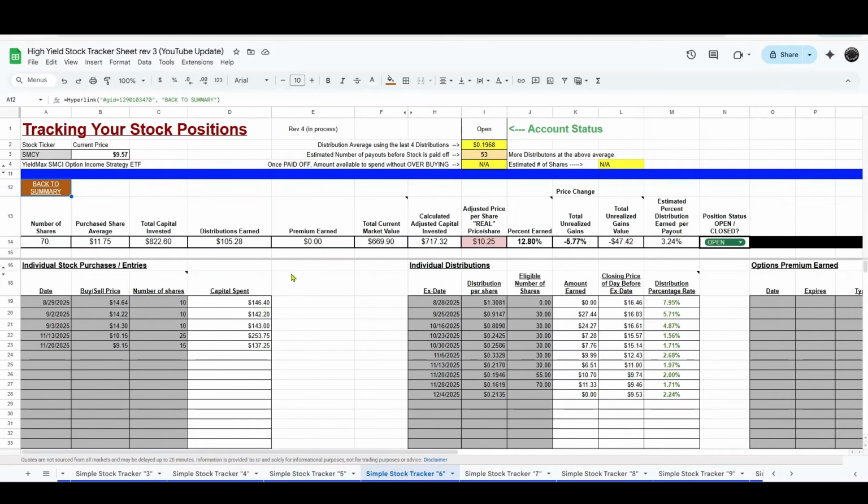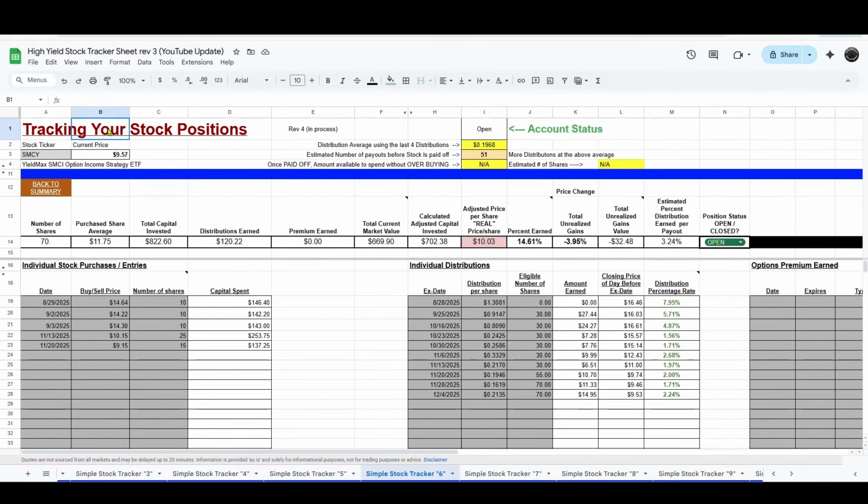And now we have SMCY. And SMCY paid out 21 cents. A very nice distribution. Last week was 16 cents. So I'll take it. And we have a total of 70 shares on SMCY. So I'll enter in 70. And that real price per share of $10.25 now becomes $10.03.